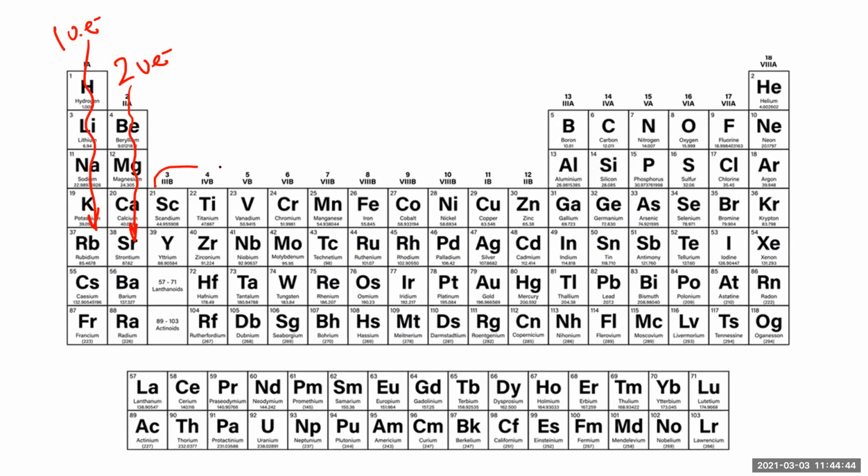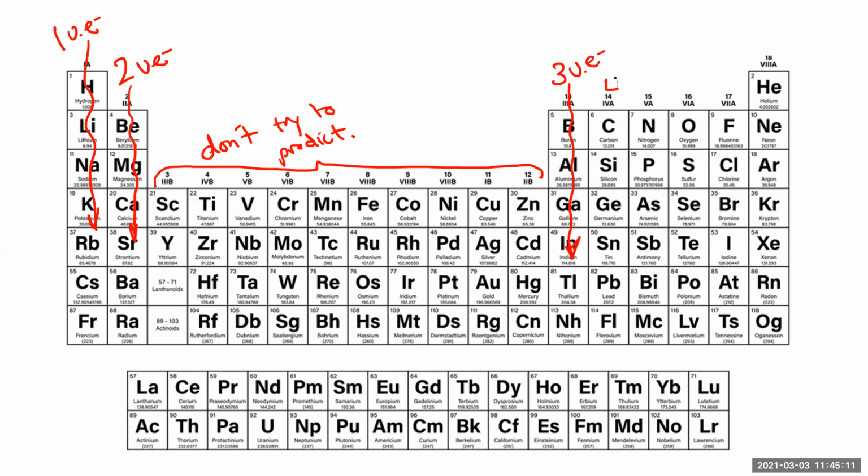The transition elements are very wonky, very difficult. So we generally say don't try to predict. The rough rule of thumb is people sometimes assume 2, but the transition elements are weird. Back to the main group blocks, this would be 3 valence electrons, and then we've got 4, 5, 6, 7, and finally 8 valence electrons.